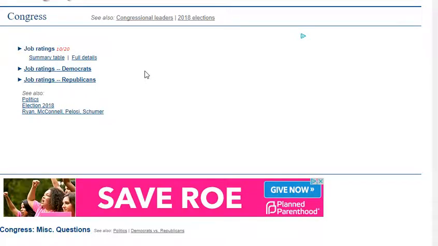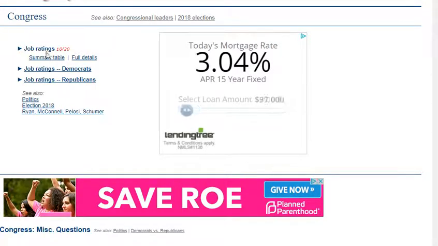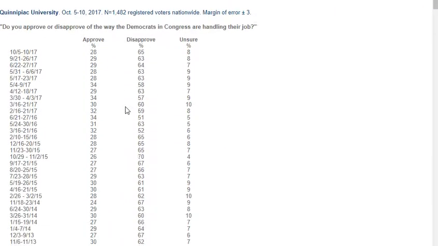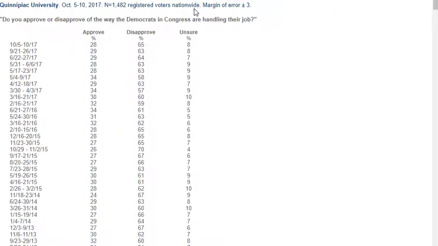Let's look at Congress job ratings. The one thing I wanted to show you here is that these polls have a margin of error, plus or minus that little bit. We practiced some of this the other day, calculating that margin of error.